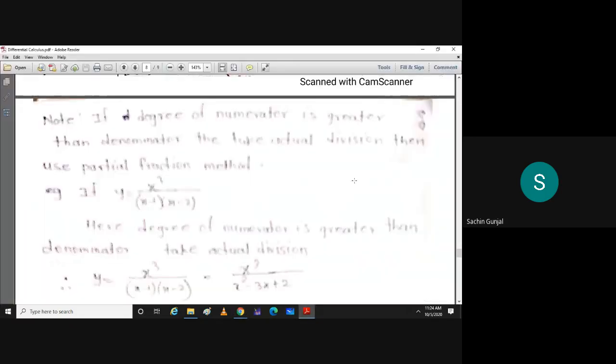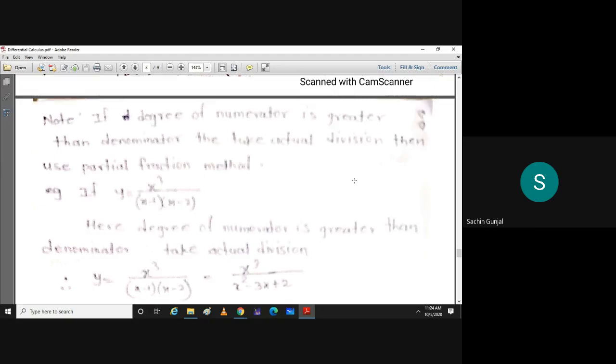Okay, I repeat, if degree of numerator is greater than degree of denominator, then do actual long division and then take partial fraction.